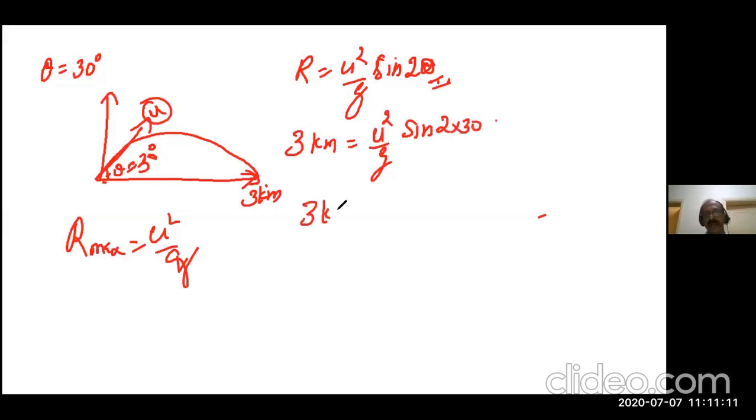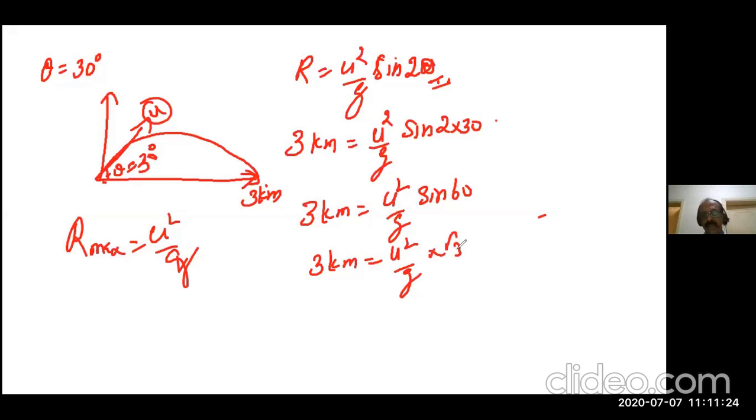Then 3 kilometers is equal to U squared by G into sine 60, and sine 60 is root 3 by 2. Then bringing the 2 to this side, 2 into 3 divided by root 3 is equal to U squared by G. What is U squared by G? R max.